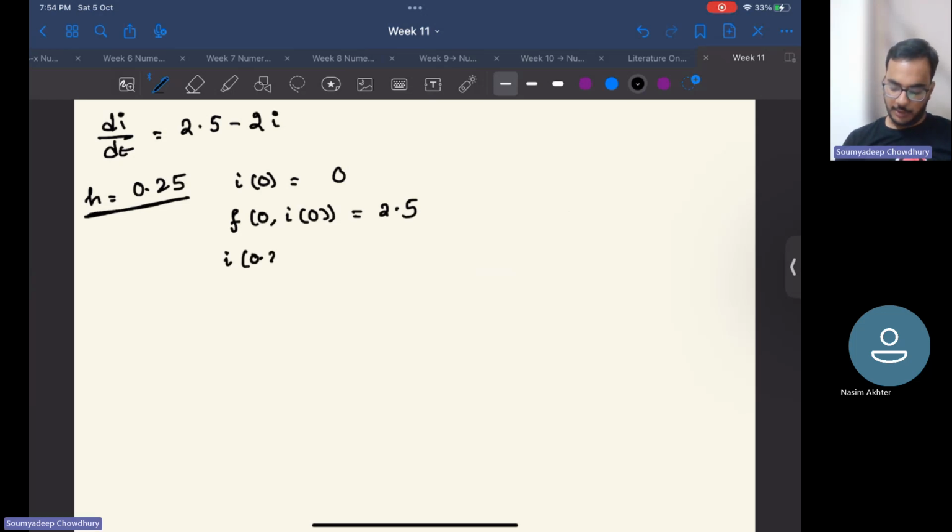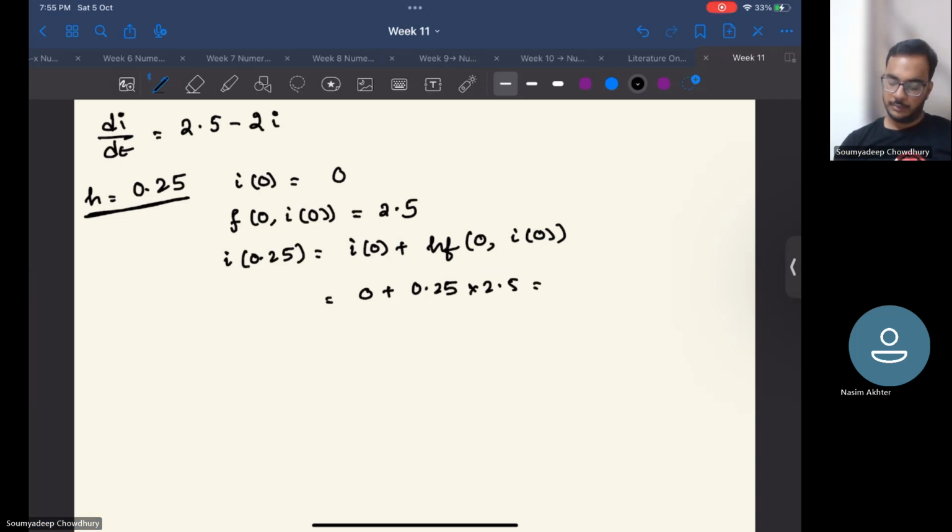If we find out I of 0.25, it is I of 0 plus h f of 0 comma I of 0, right? I of 0 is 0, h is 0.25, this is 2.5, so 0.625. Then again, if you find out I of 0.5, 0.75, like that, if you go on, and find out I of 1 after 4 steps, you will get the solution as 1.172.